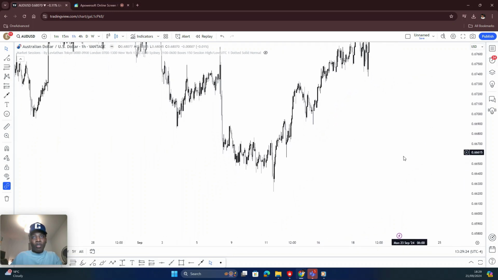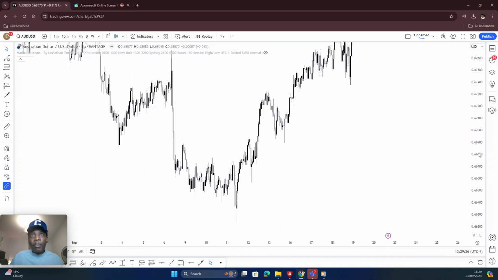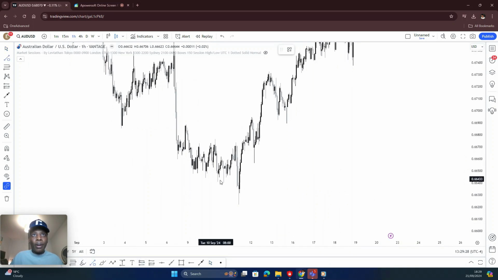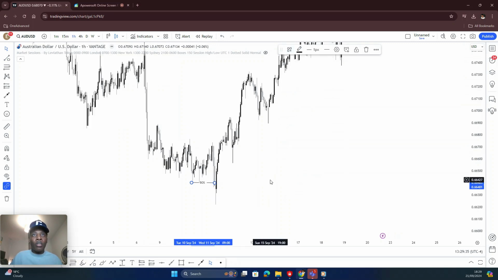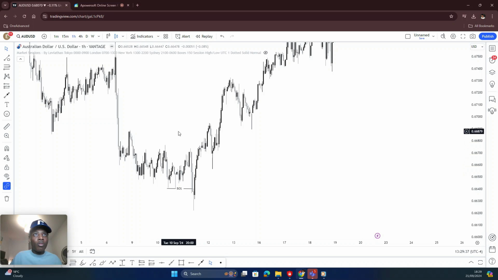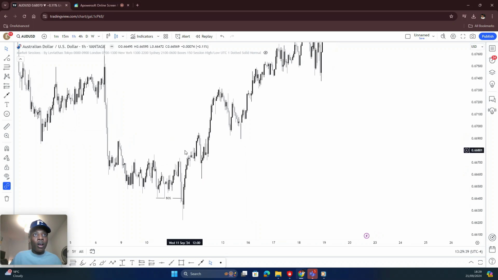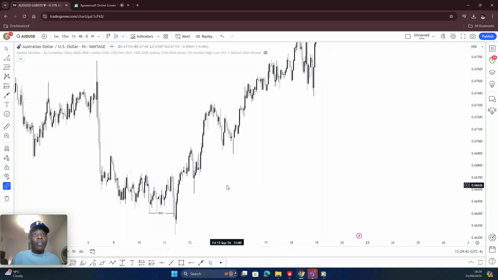As we can see here, price is in the upside. We've already established that, so now we're going to see this was the last place that broke structure to the downside. Then price came through and gave us a change of character, also known as a market shift to the upside.